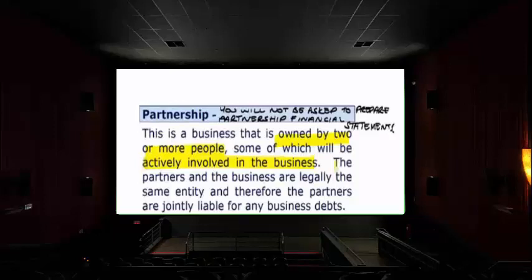And as such, the partners are legally the same entity as the business. Allen and Co., the partners, they're one of the same. And therefore, the partners of the business, all 5, would be jointly liable for any business debts.